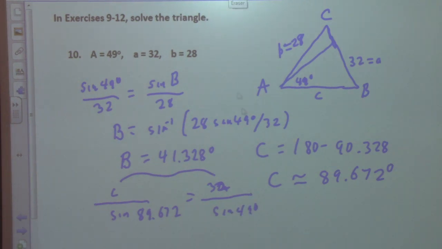So little c is equal to 42.34. Yeah, because it rounds up. And it's actually 42.399. Okay, so that's it, right?